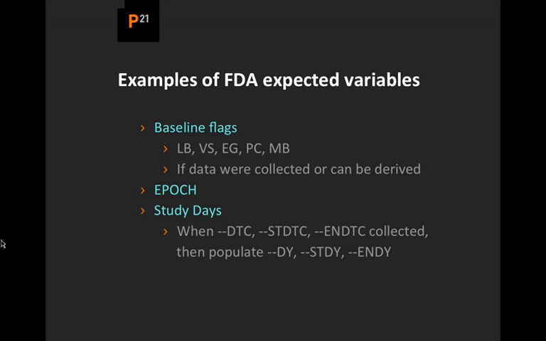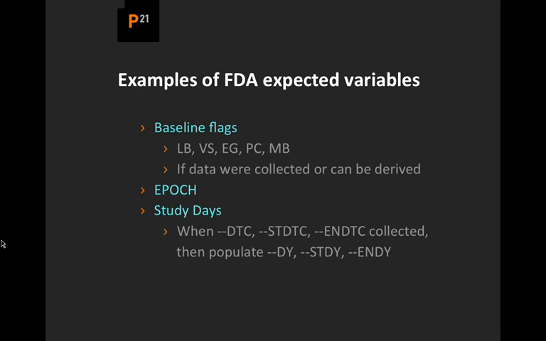And these slides represent examples of FDA expected variables. They are baseline flag variables in LB, EG, VS, and other domains. In general, if data were collected or can be derived, then the baseline flag should be populated. Epoch variable, and again, you need to populate these variables if they are applicable.